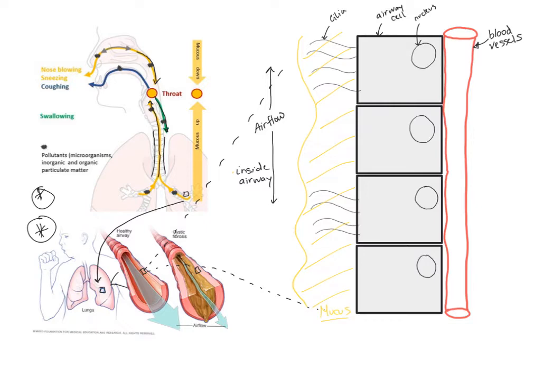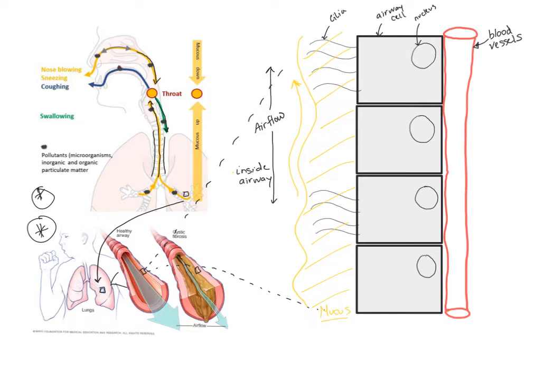And just for reference, this cilia is going to push that mucus back up the airway so it can be either sneezed out, coughed out, or swallowed. Okay, so that's going to be the mucus flow.